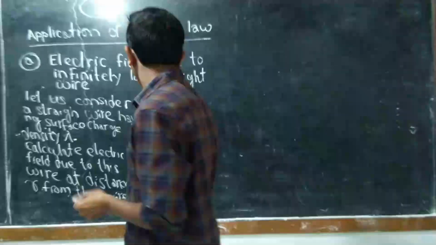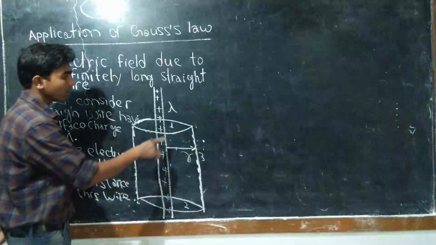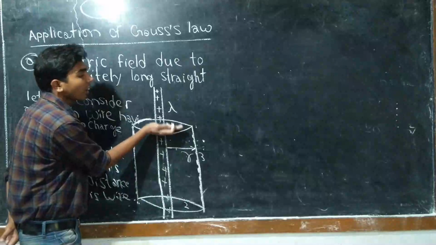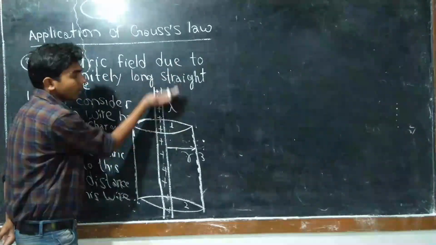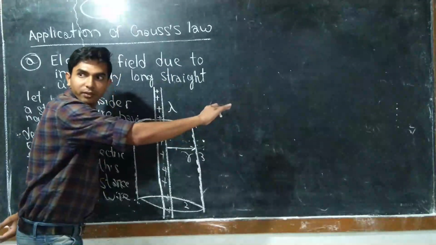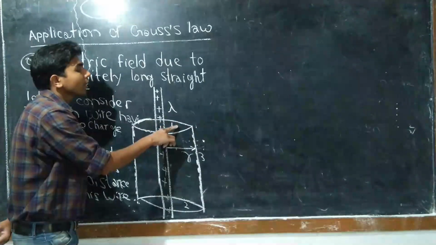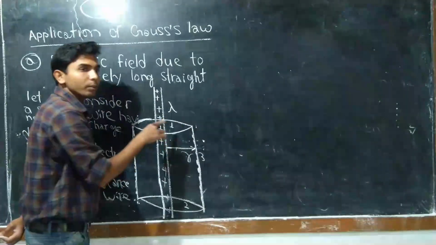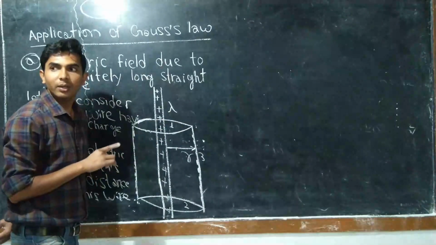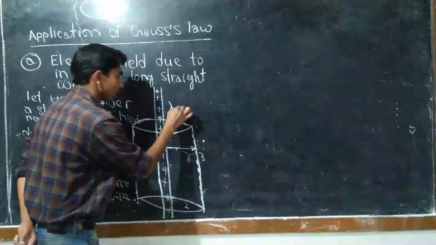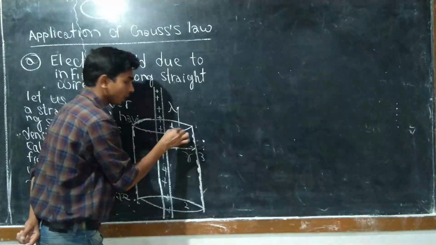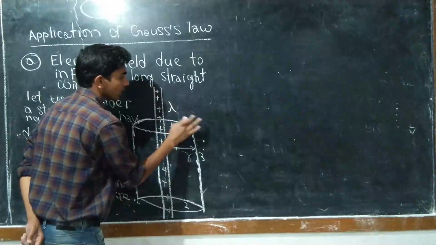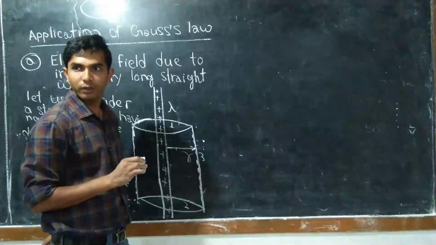Now you can see for this surface, the area vector is outward normal, but electric field lines are in this direction. So the angle between area vector and electric field is 90 degree, right? So flux will be 0.